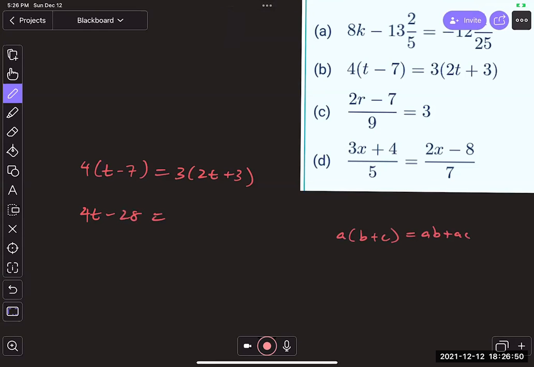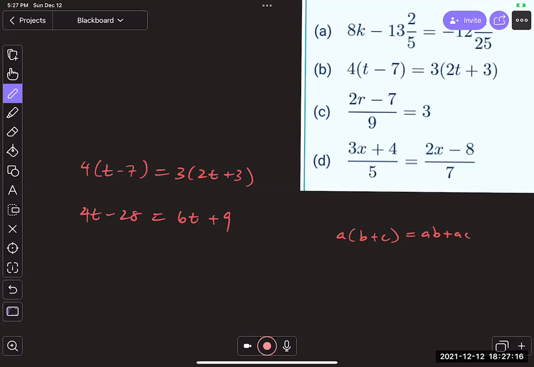What is my right side then? 6t plus 9. Okay, what's the first thing that we need to make sure that we have? Plus 28. Well, what's the end goal? Let's start there. Isolate the variable. And where do we want it?